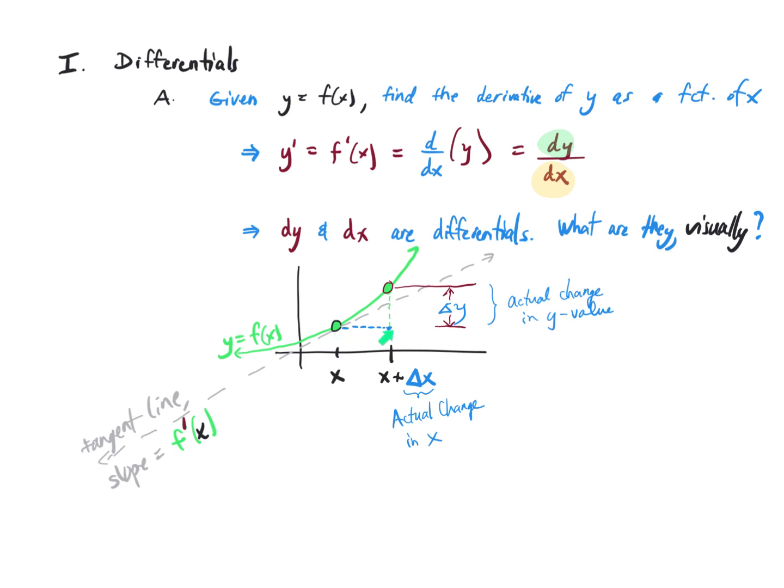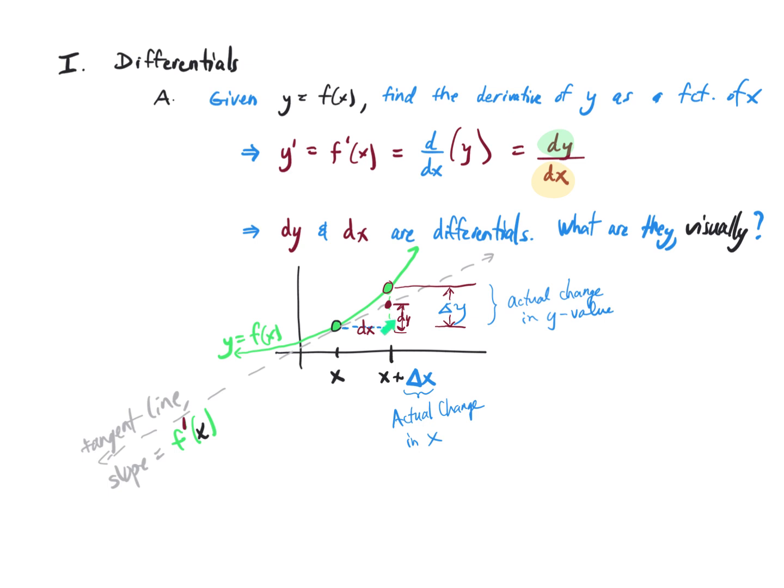So if this distance is delta x wide, the actual change in the x value from this point to this point, and if this dimension is the actual change in the y value, then if we use our linearization, our linear model that's representing the green curve, especially near values of x, for a linear model, if we go to the right, that's going to be our differential in x, and it says only go up this high, and that's our differential in y.